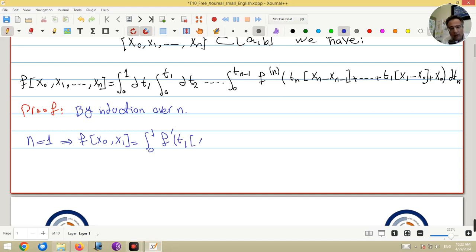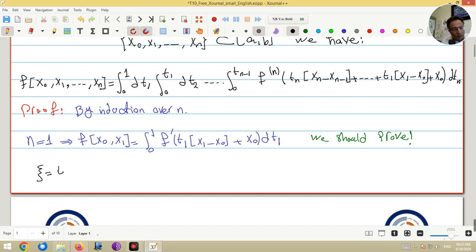And here f prime will appear, so it will be f prime of, here tn is t1 times (x1 minus x0) plus x0, dt1. I should prove this one. Now, let me start. I use this change of variable.